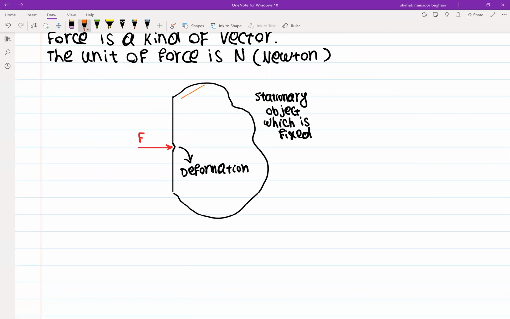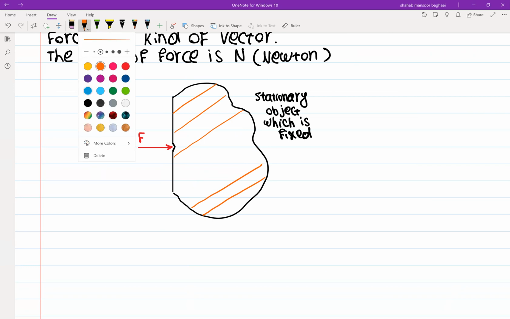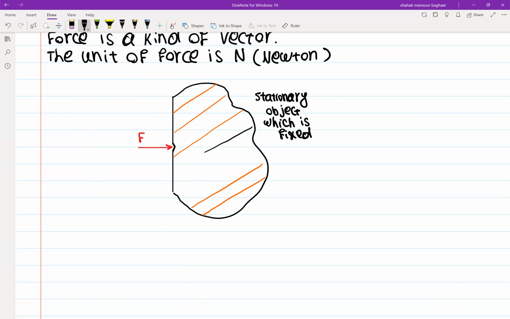Imagine this is your object here. Prefer to move it outside the figure.